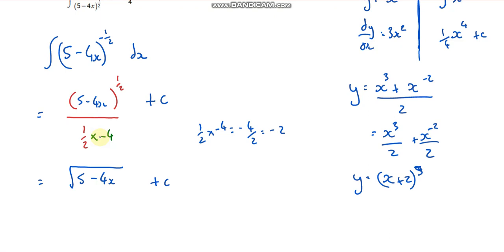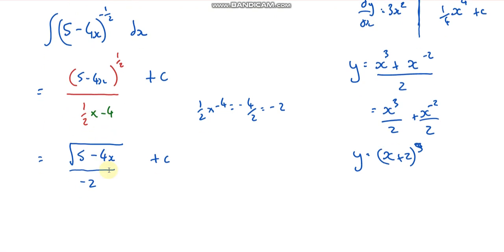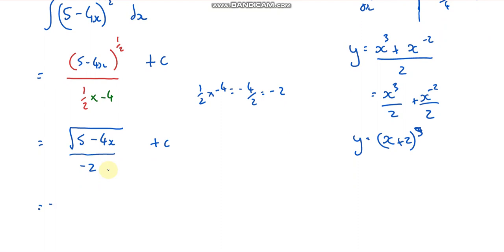So I'm dividing by negative 2. So it's the same as multiplying by negative a half. So you could write it like that, or you could say negative a half, 5 take away 4x to the half plus c. Either one is absolutely fine.